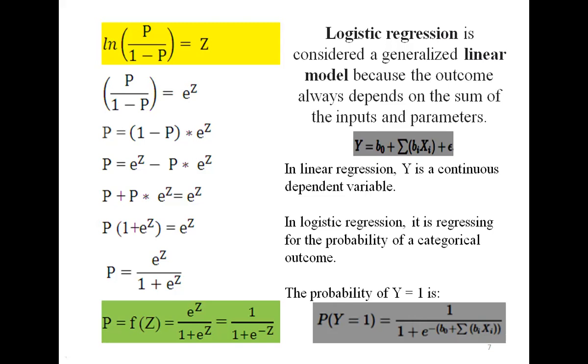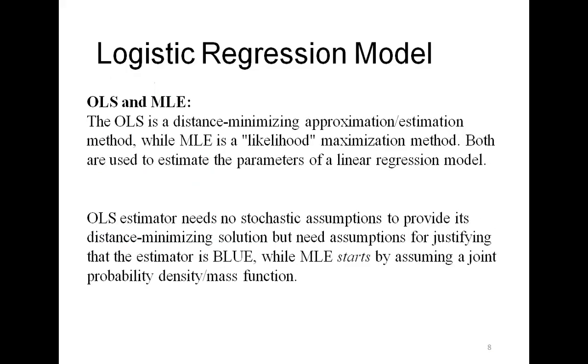Okay. Now here, as you can see, we are not using the OLS estimator. What we are using is the maximum likelihood estimator. We know what OLS is, right? It is distance-minimizing approximation. The distance of what?